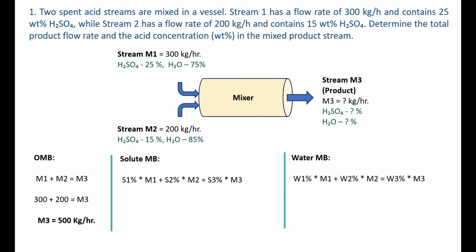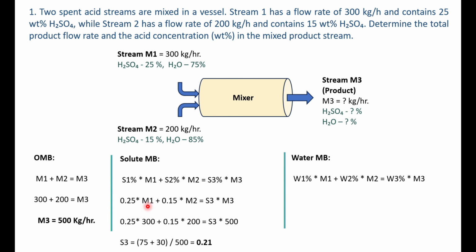So let's substitute the values in the overall mass balance equation. M1 is given in the question as 300, M2 is also given and it is 200. So M3 would be 500 kg per hour. Let's substitute the values in the solid balance equation. The solute in stream 1 is 25%. When I write it as a fraction, it would be 0.25 into M1, and the solute in M2 is 15%, which is 0.15 as a fraction, so 0.15 into M2. Similarly, S3 fraction we don't know, so I'm retaining it as it is, into M3.